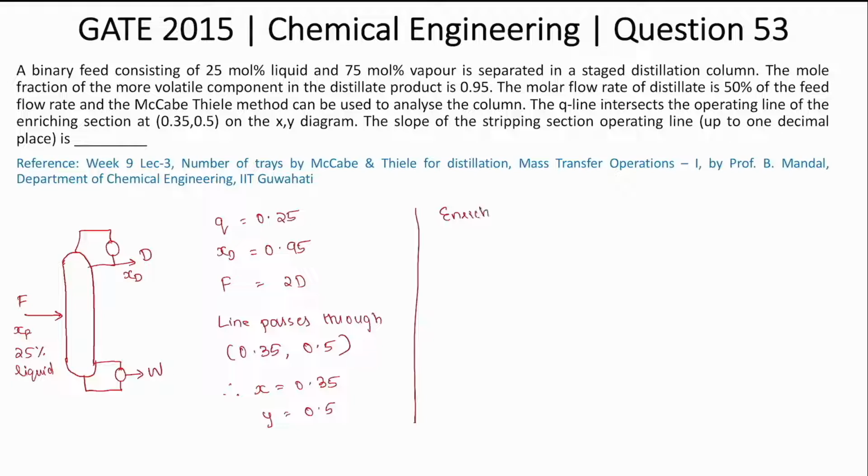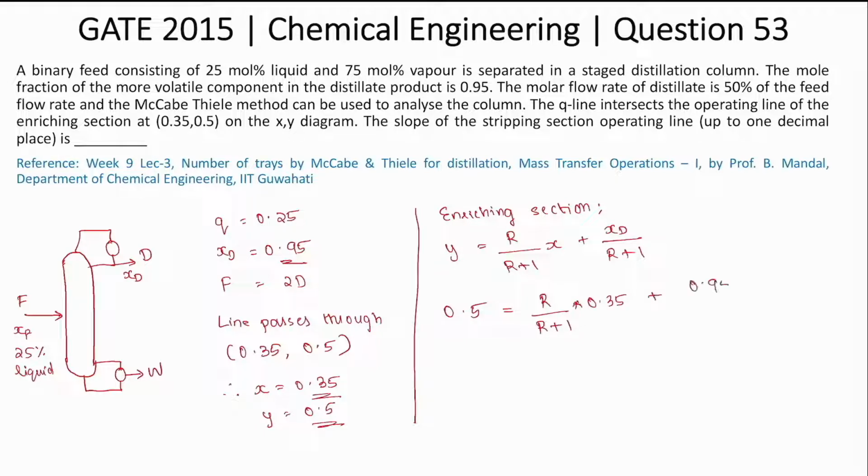For the enriching section, we have a general equation, which is Y is equal to R by R plus 1 into X plus XD by R plus 1. So we have the values for Y, X and XD. We can just substitute them and we'll get 0.5 is equal to R by R plus 1 into 0.35 plus 0.95 by R plus 1.